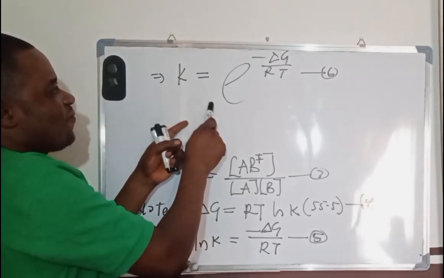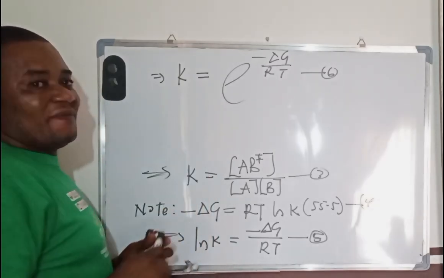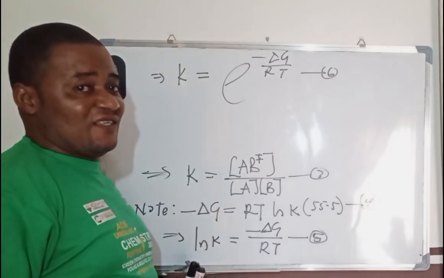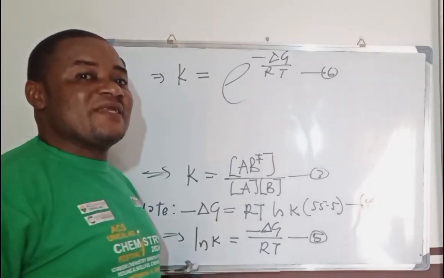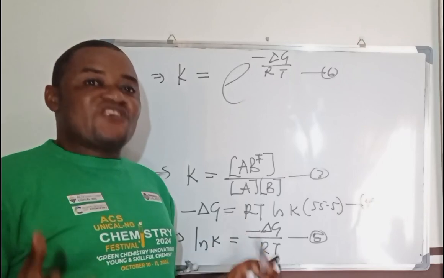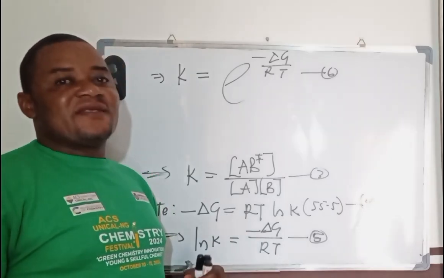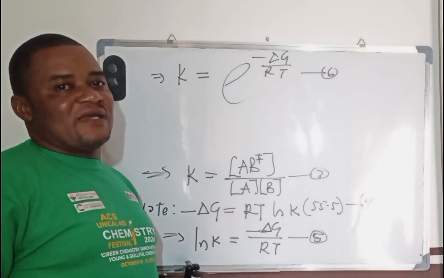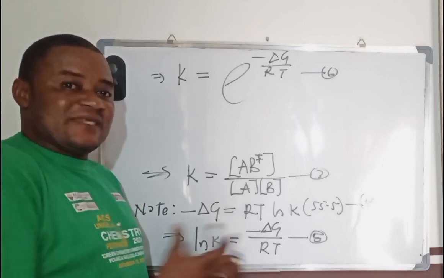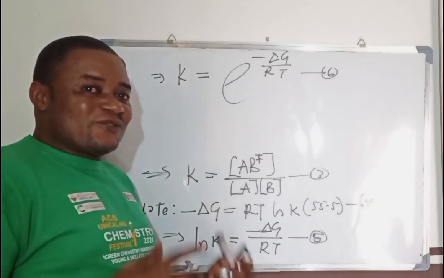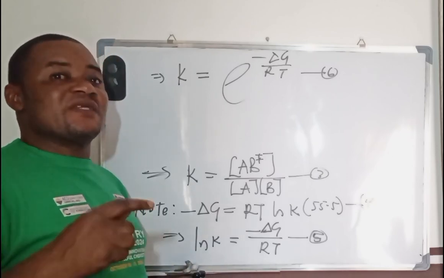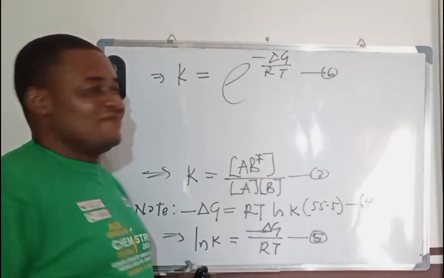Now, at this point, remember that we said we are not only determining the rate constant from the transition state equation, we are also determining the heat change, which is the enthalpy, and the degree of disorderliness of that particular system, which is our entropy. How do we bring it in? To bring in those two parameters, we must also redefine the delta G from the thermodynamic perspective.